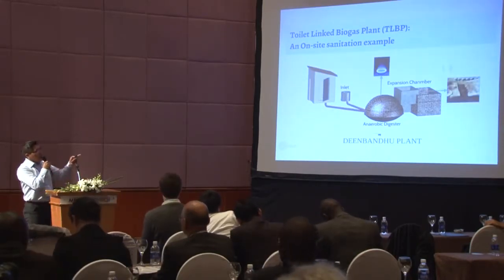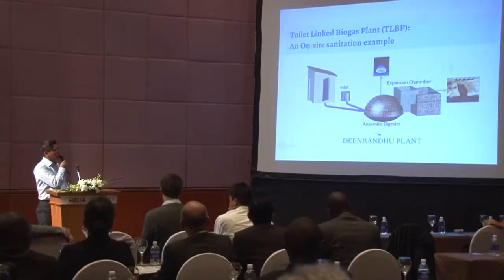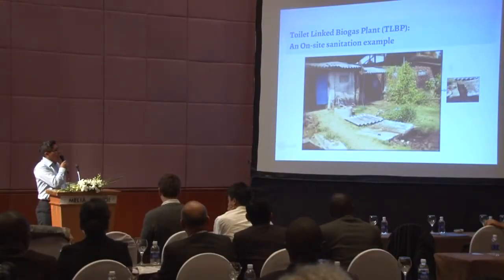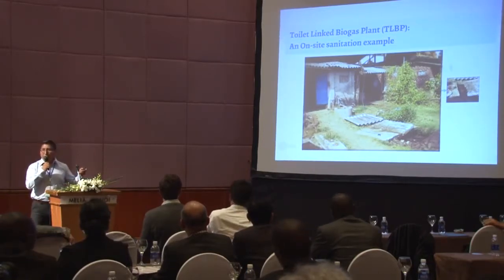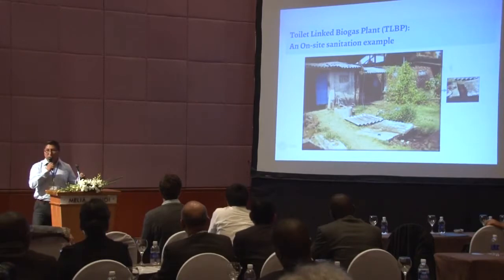Also the effluent of this system is very well appreciated because in rural India, for most of the people the main activity is agriculture, and they reuse the so-called slurry in agriculture. But once they linked the toilet, the problem was that the effluent, the slurry, has a high concentration of pathogens. That's the main problem.